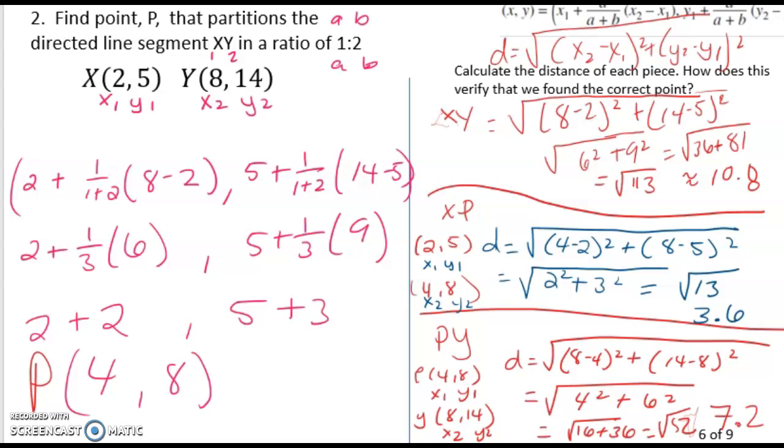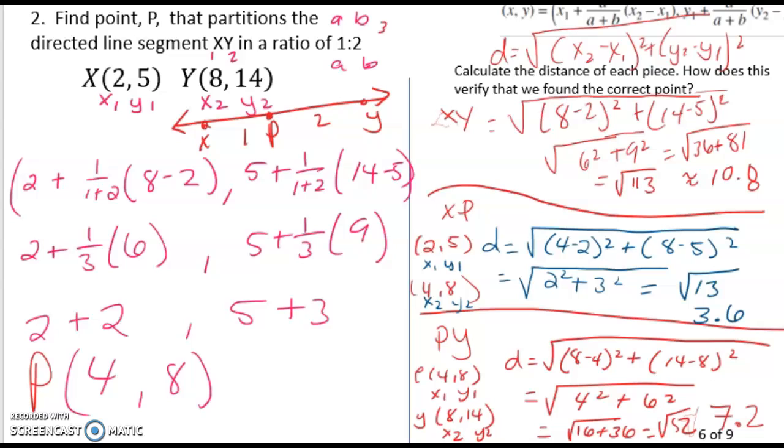So I kind of want to talk about that 1 to 2 ratio. If 3.6 is the distance between x and p, let's see if we can visualize this. We have x, we have y, and p should be somewhere so that it's 1 to 2. If the distance between x and p is 3.6, and the distance between p and y is 7.2, is that a 1 to 2 ratio?